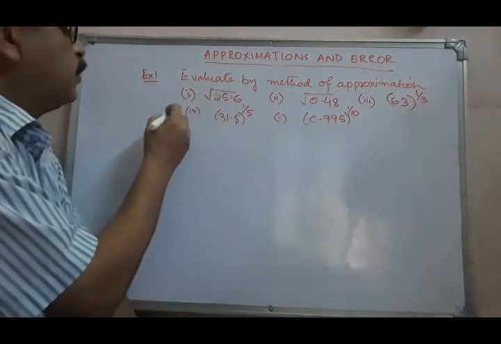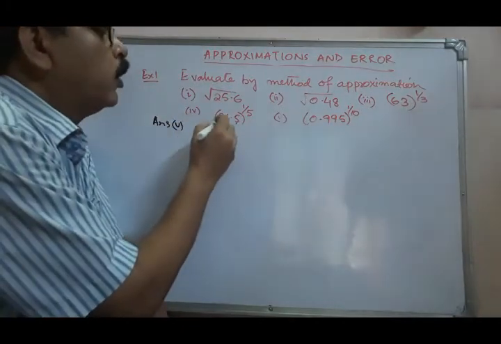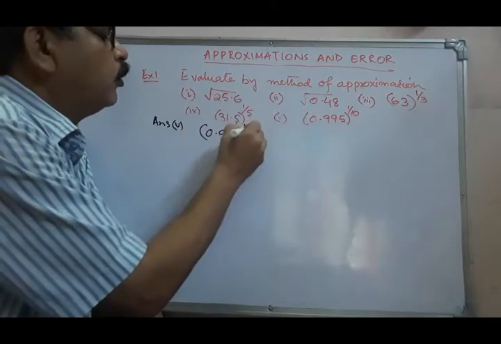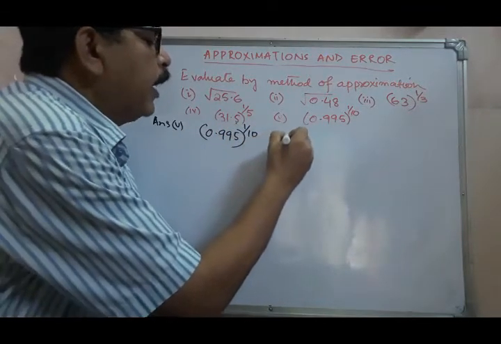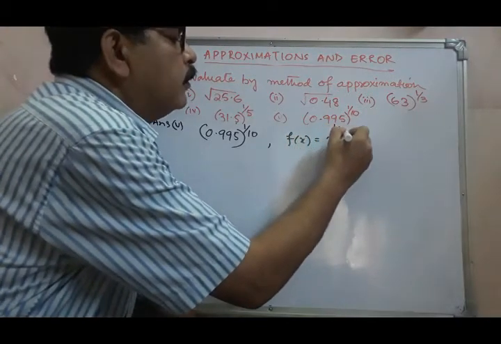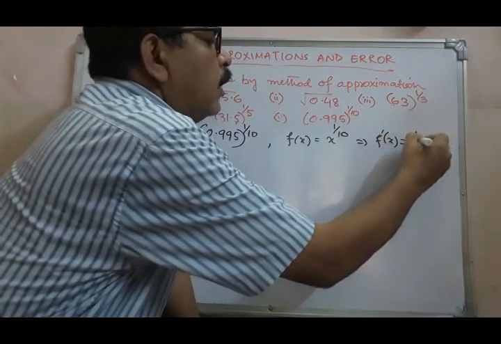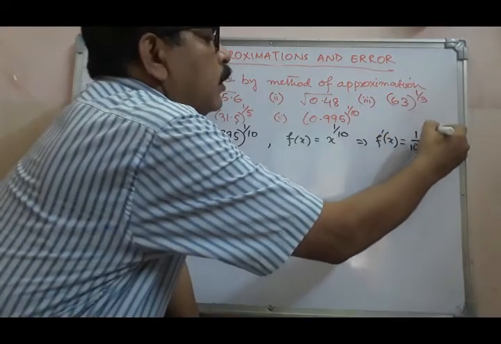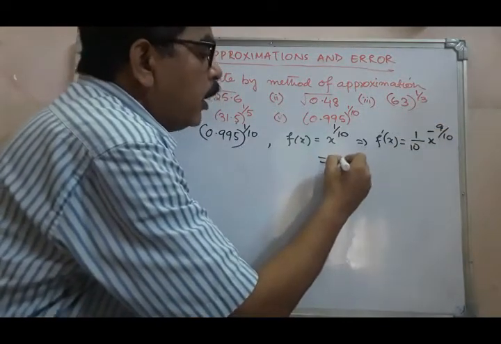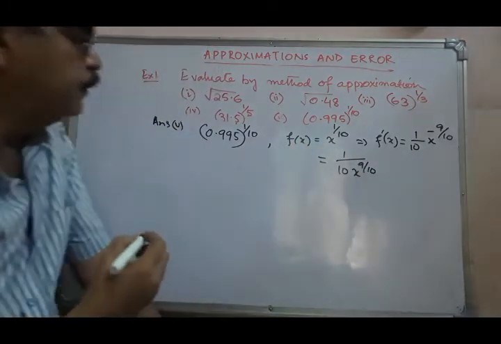Now we are going to answer part 5. Answer part 5. The number is 0.995 whole to the power 1 by 10. So we take f(x) equal to x to the power 1 by 10, which implies f dash x equal to 1 by 10 x to the power minus 9 by 10, that is 1 by 10x^(9/10).